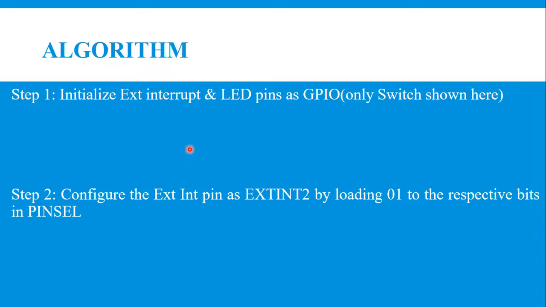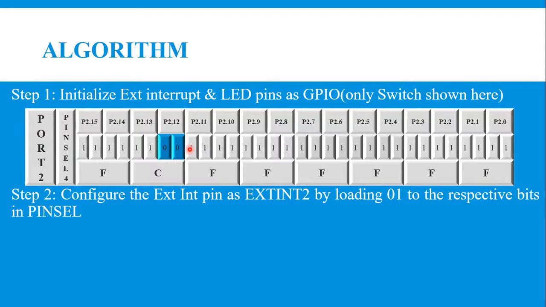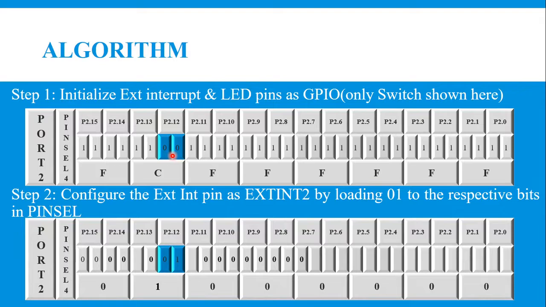Now for P2.12, the responsible function select register is PINSEL4, since it belongs to port 2. Both bits are set to 00, then it becomes GPIO. Similarly, you select the pin select register for the LED pin, that is P1.23, and change the corresponding bits in the pin select register to 00, then it works as GPIO. Now I will move 01 in place of 00.